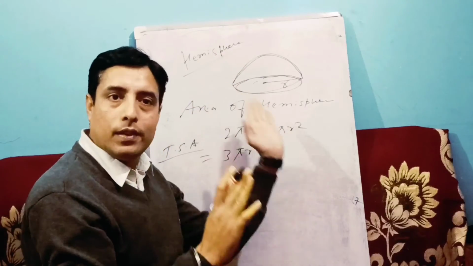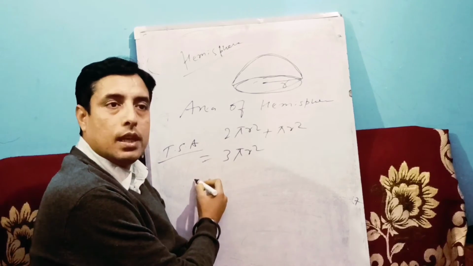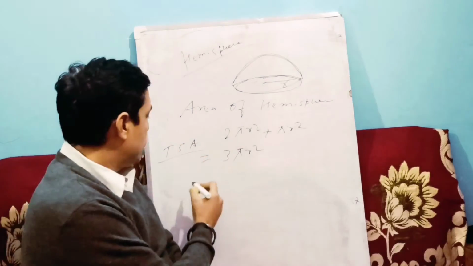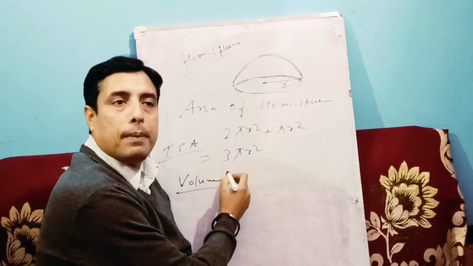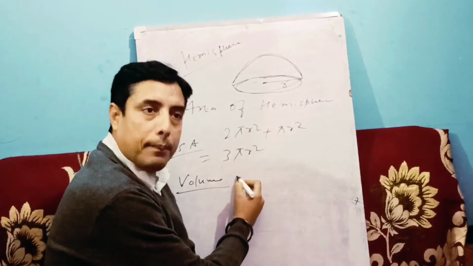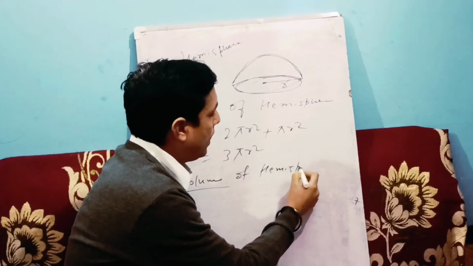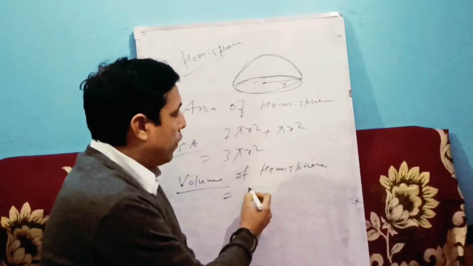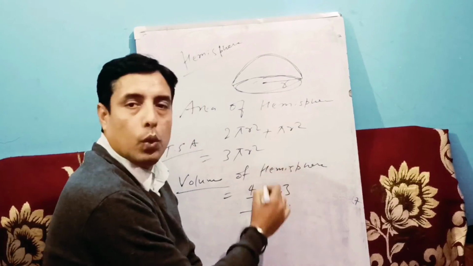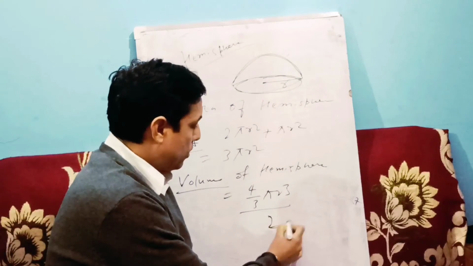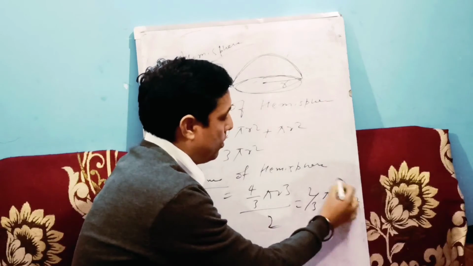Now to calculate the volume of the hemisphere, you just take half of the sphere's volume. The volume of the sphere is 4 by 3 pi r cube. So the volume of the hemisphere would be 4 by 3 pi r cube by 2, which is 2 by 3 pi r cube.